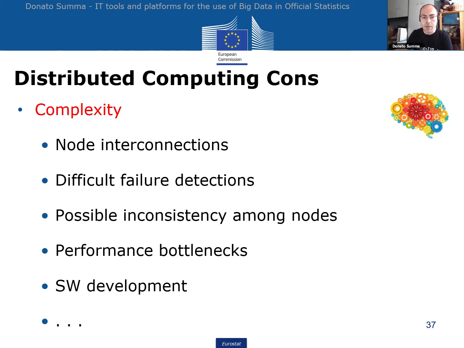Complexity means that we have to sort out issues and problems related to node interconnections, failure detection, possible inconsistencies among nodes, software development, because as you probably know, it's very different to develop software for one single computer and the same software for a distributed computing model, and other stuff.